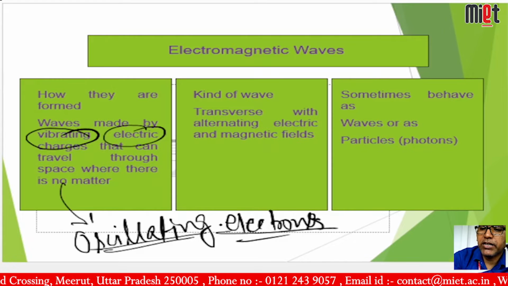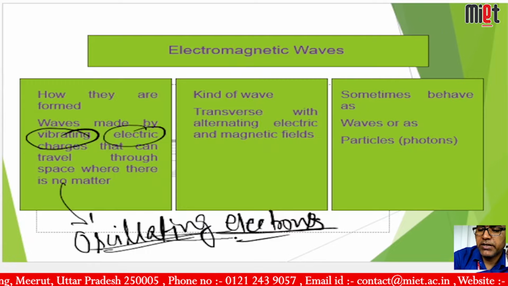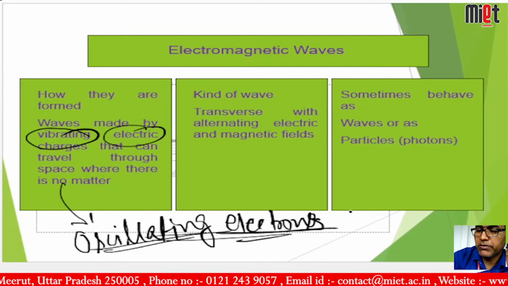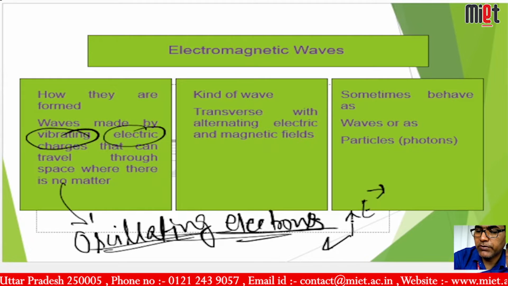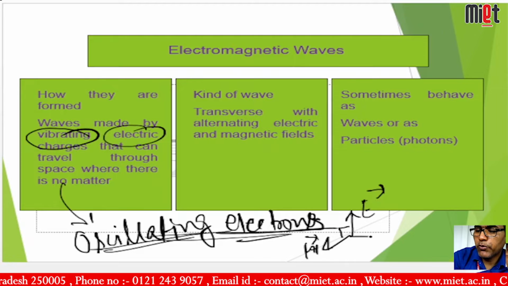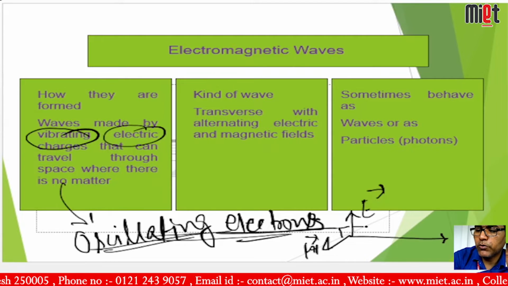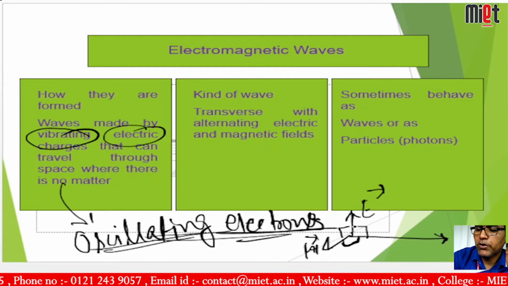These oscillating electrons will give rise to electromagnetic waves in which the electric field and magnetic field are both perpendicular to each other, and they propagate perpendicular to both. This means the angle between the electric field and the direction of propagation of the electromagnetic wave is 90 degrees.